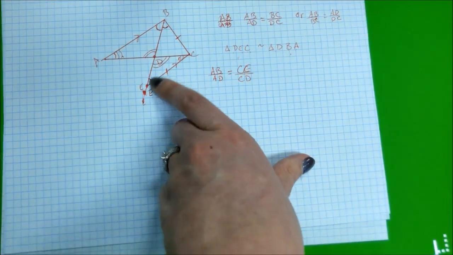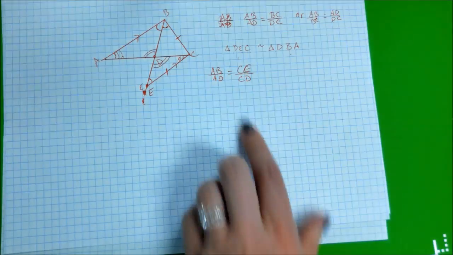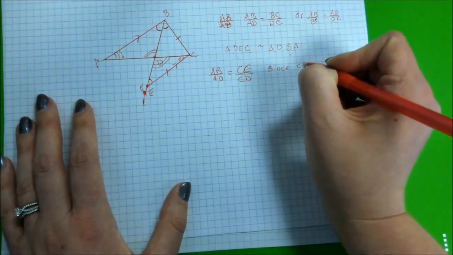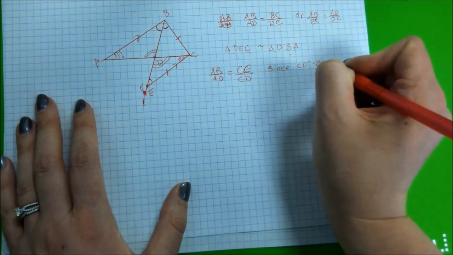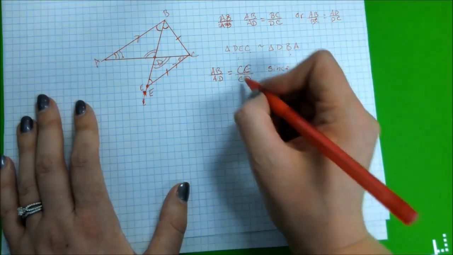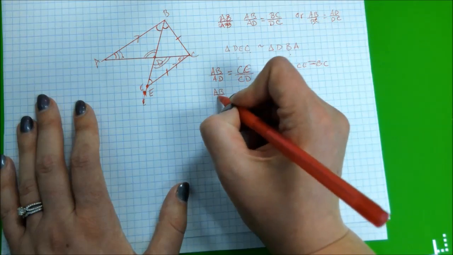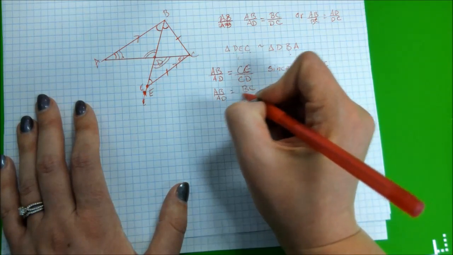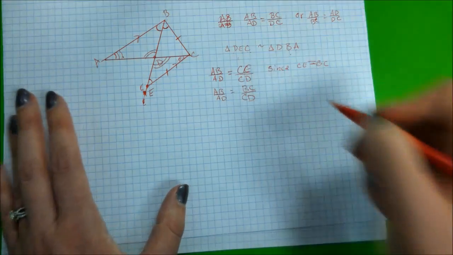What do we know about CE and BC? They're equal. So since CE is equal to CB, I can replace this by substitution.